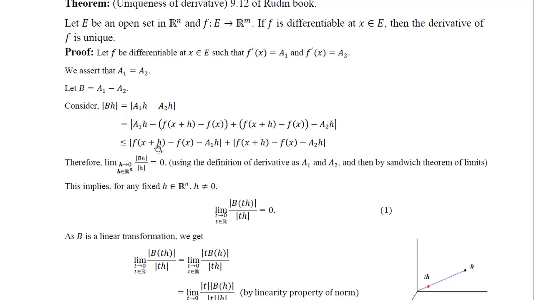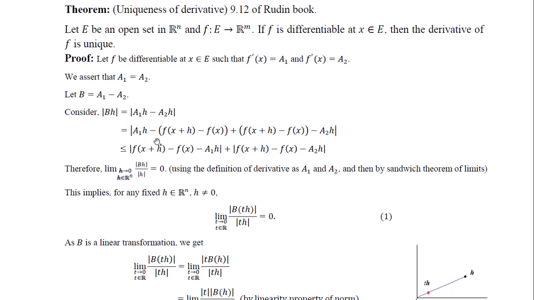So what we are going to consider is just the norm of Bh, where h is any vector in Rn. Before that, let us make the structure of norm Bh in terms of what we already have. What we already have is that the derivative of f at x is A1 and the derivative of f at x is A2.